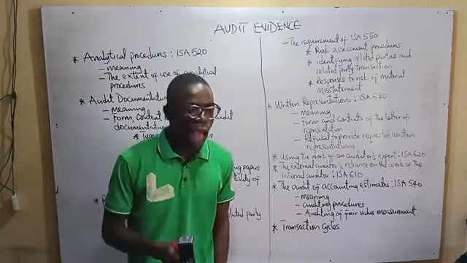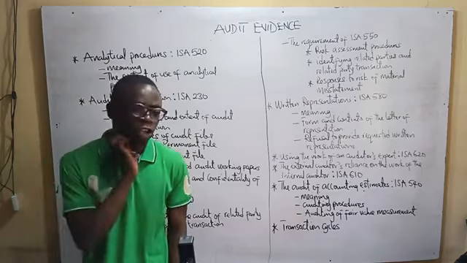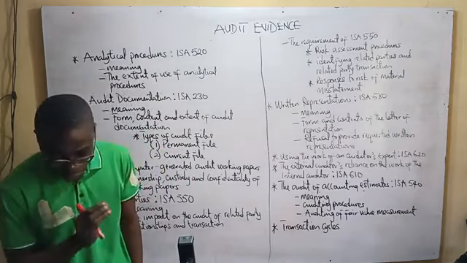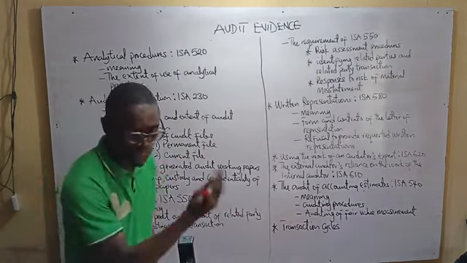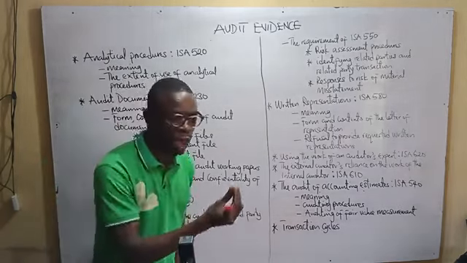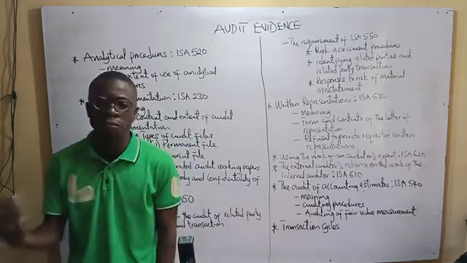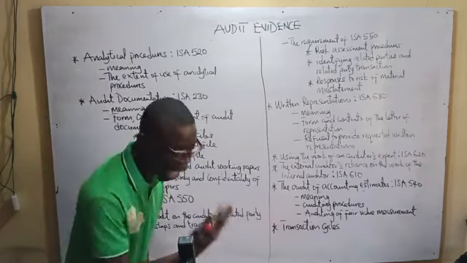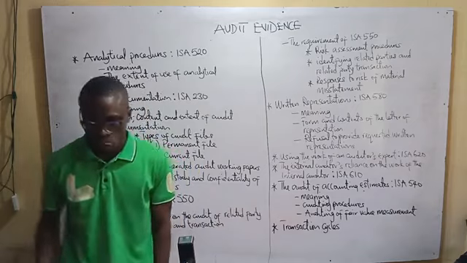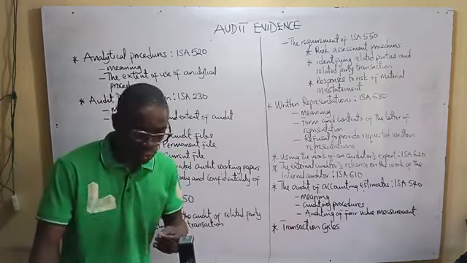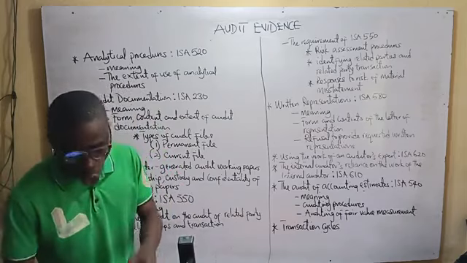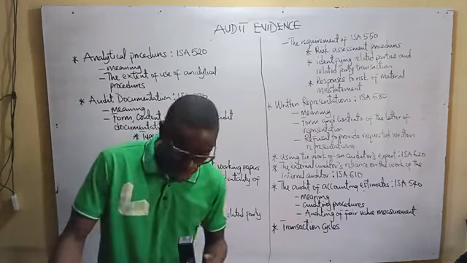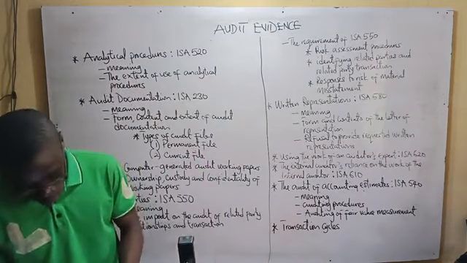That means, are you using ratio? If you are using ratio, is it suitable for that particular item? If you are using industry average, is it suitable for that particular item in the financial statement? So the auditor must determine the suitability of the particular analytical procedure.